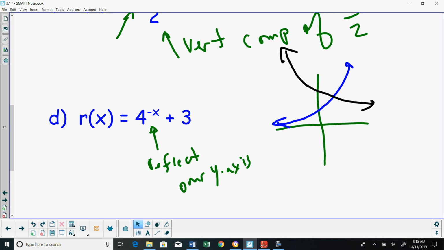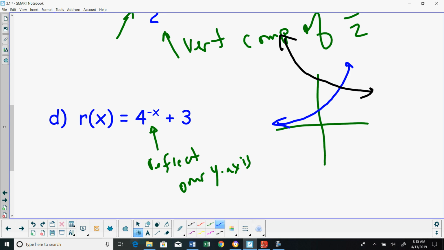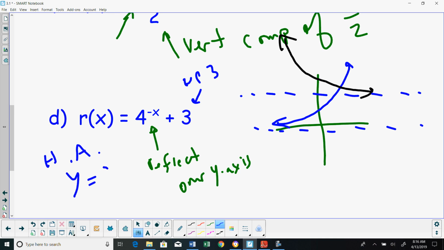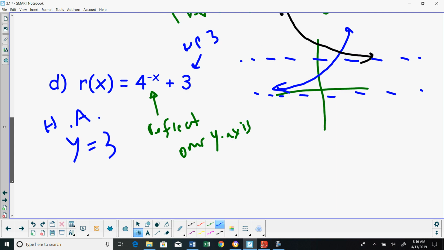So if I shift that graph up 3 units, then the horizontal asymptote is no longer going to be at y equals 0. It's going to be up here at y equals 3. So this one right here was a shift up 3, and our horizontal asymptote equation would then be y equals 3. For all the others, it was y equals 0.